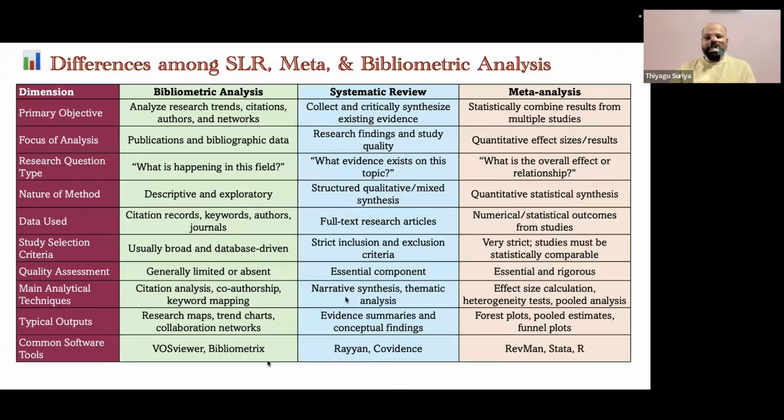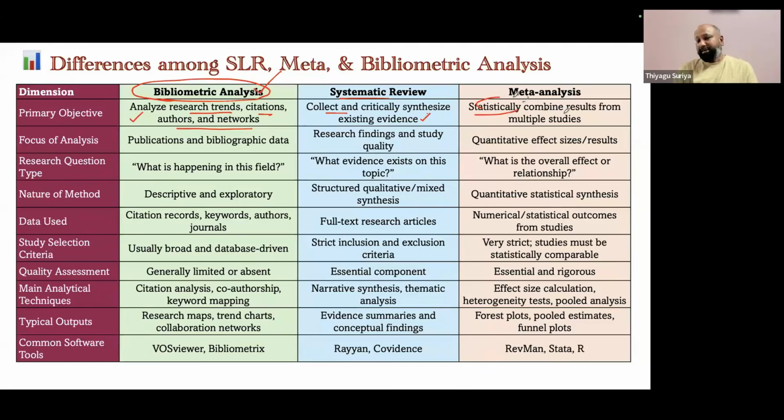Very important things I'm going to highlight here. One is the primary objective. This particular program focuses only on bibliometric analysis: publications, citations, author networks. These are things we can do with bibliometrics. Systematic review, as you already know, collects and synthesizes the existing evidence.